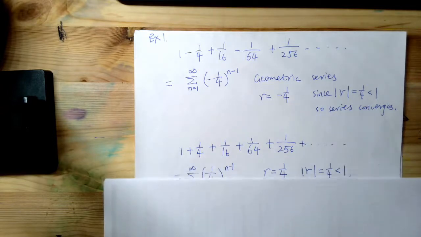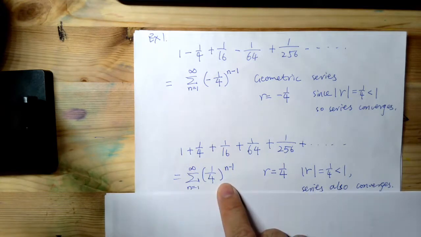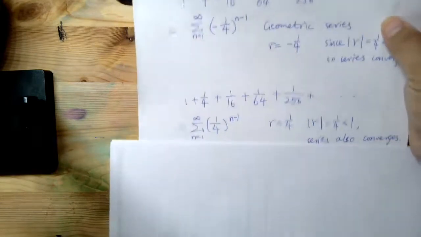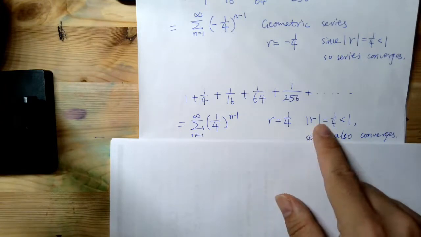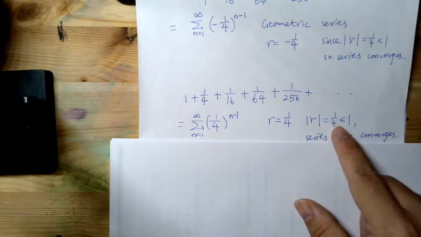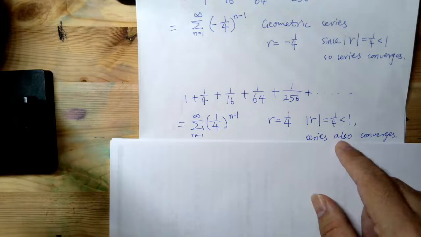We can write it out as 1 over 4 to the power of n minus 1. It turns out that the common ratio becomes 1 over 4, so it satisfies being a geometric series with the common ratio absolute value less than 1. So we know that series also converges.